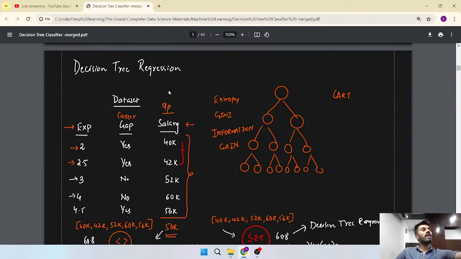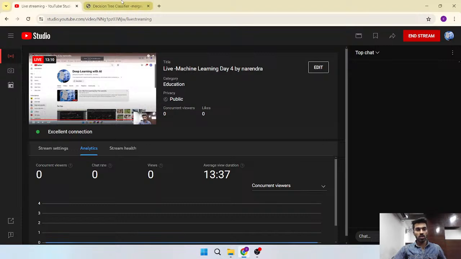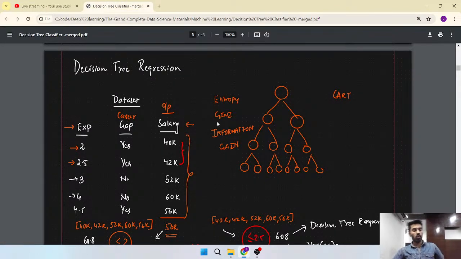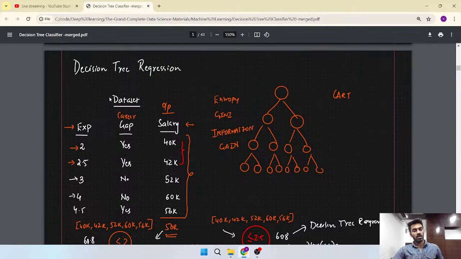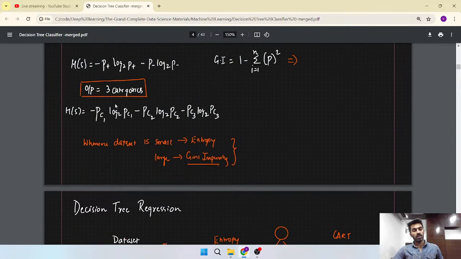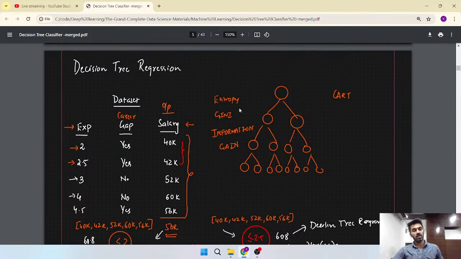So the idea is that information gain of HOV. In the case of regression, firstly, what we have done in classification is find the entropy and information gain.